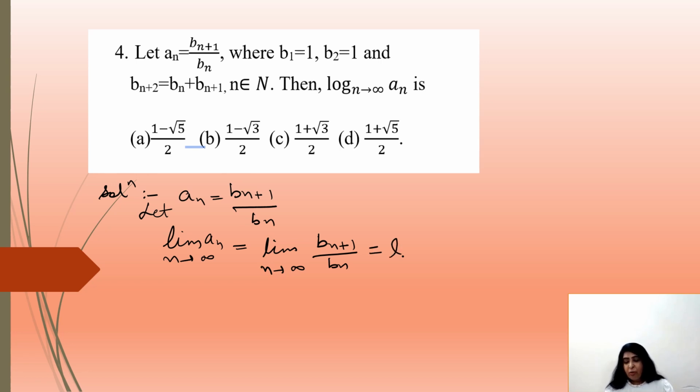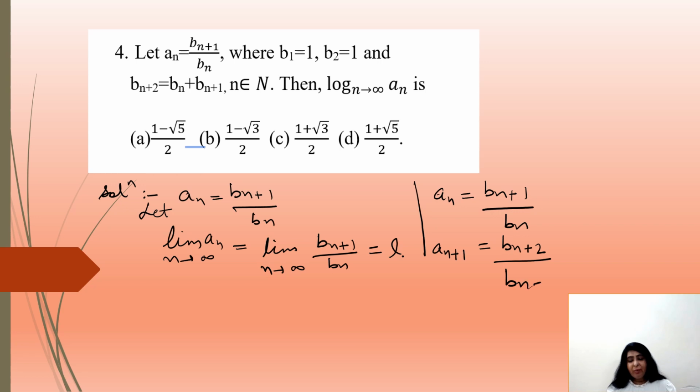Now what is given to us? an is bn plus 1 divided by bn. So what will we find? We will find an plus 1. So an plus 1 will be bn plus 2 divided by bn plus 1.